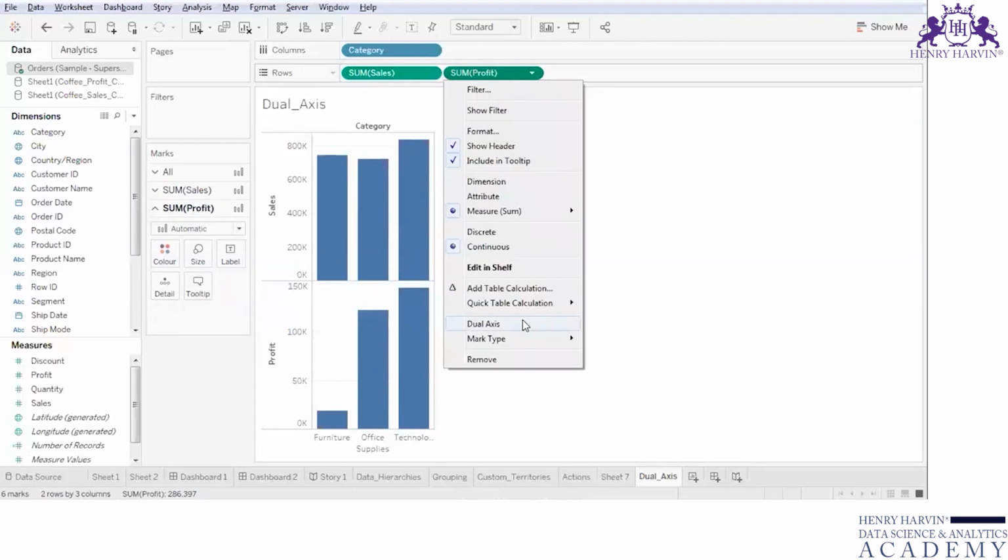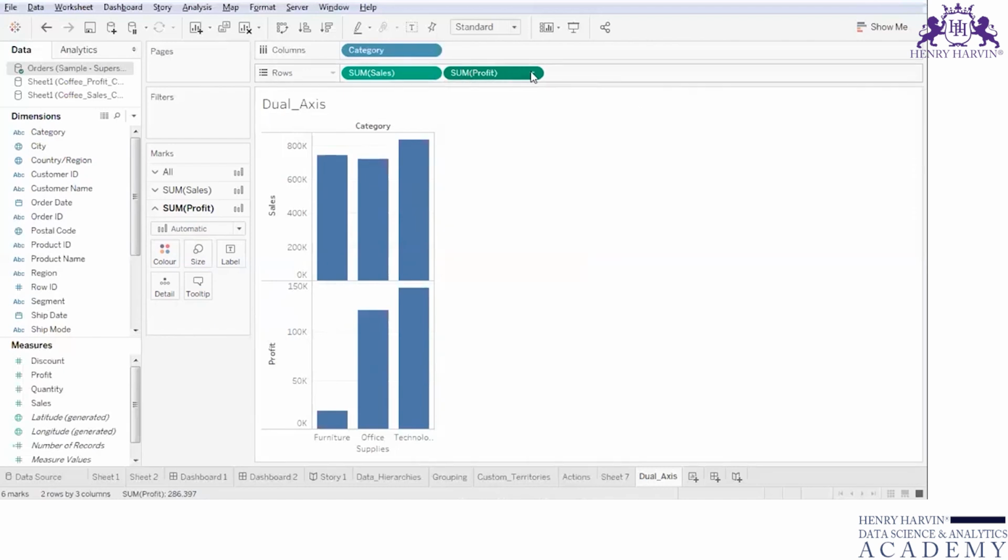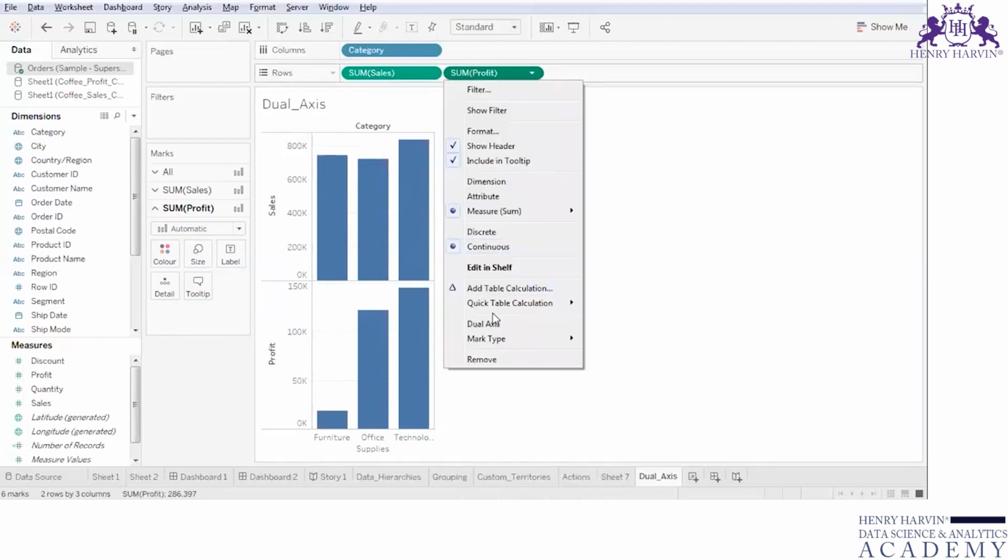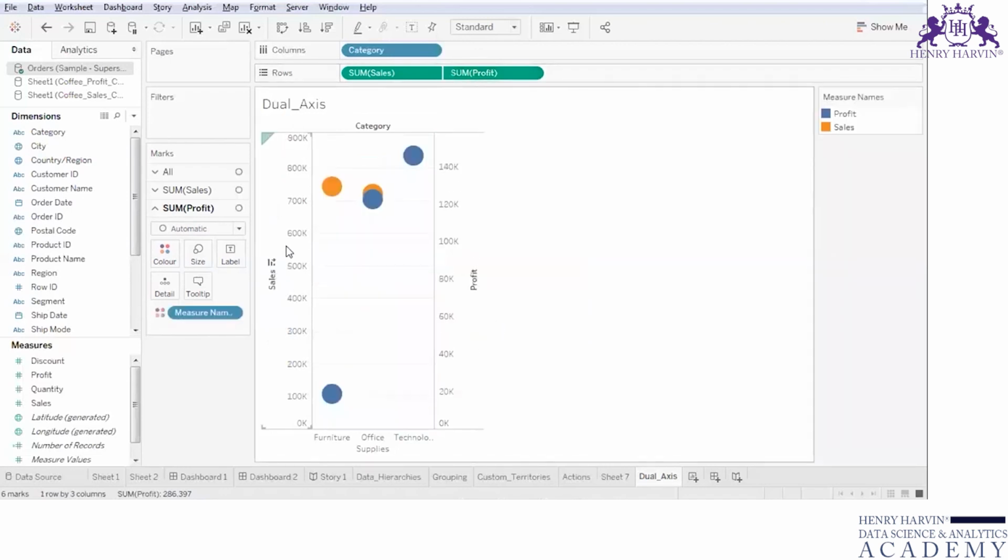The reason is that the second measure pill added over here only gets the option to add a dual axis. The moment I select dual axis, the profit scale moves to the right hand side, and now both sales and profit are being represented on this single graph. The sales are represented by orangish color and the profits are represented by bluish color.